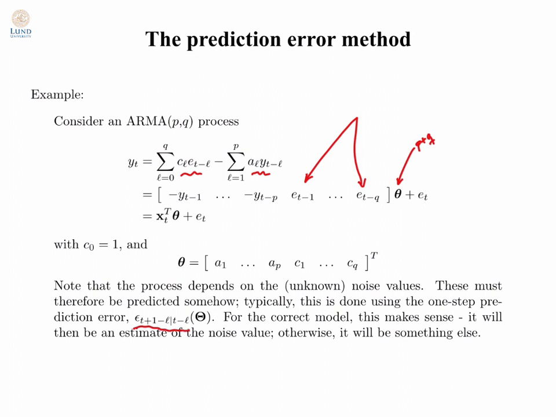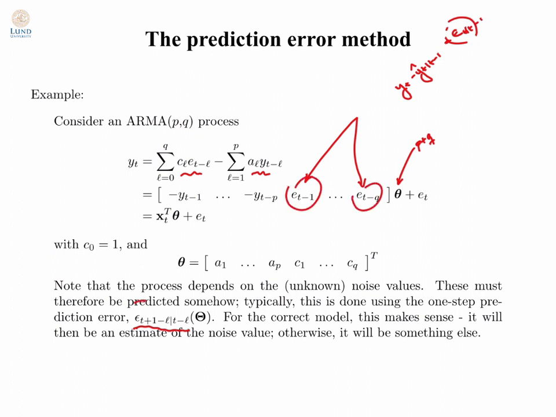So what that means is that when I form my prediction error, I will form it as y of t minus y hat of t given t minus 1, and I will call this epsilon of t, as I mentioned before. I will pick this epsilon of t given t minus 1 as an estimate of these errors that I have here.